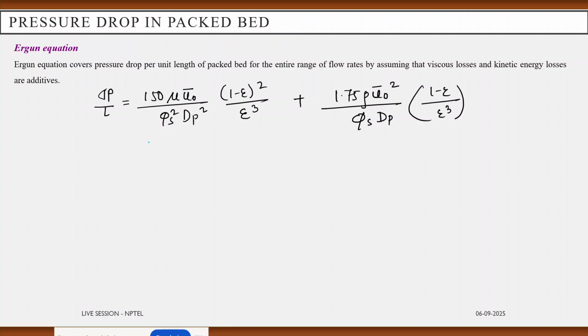So here this part is the Kozeny-Carman equation, and this part is the Burke-Plummer equation.